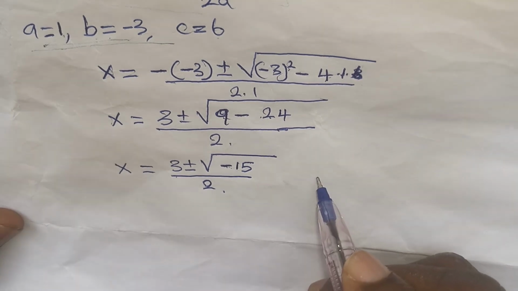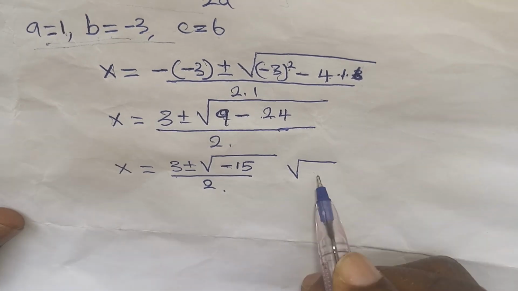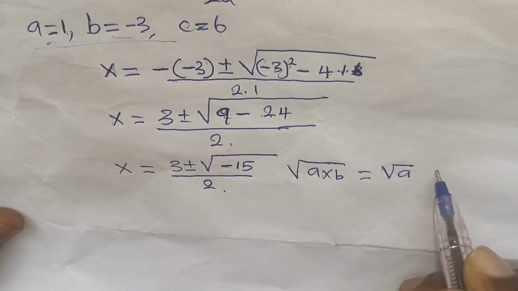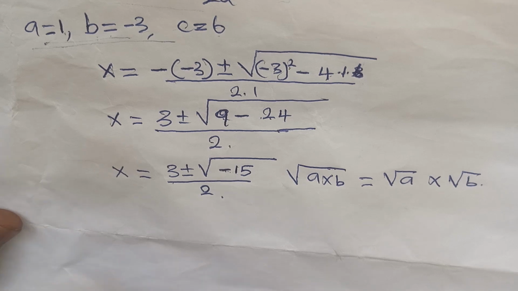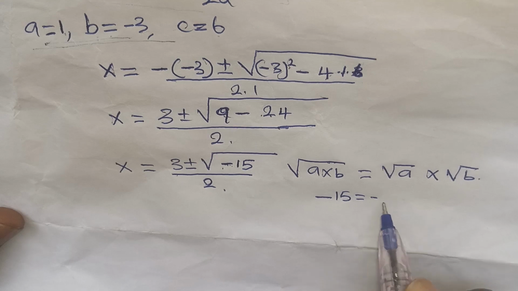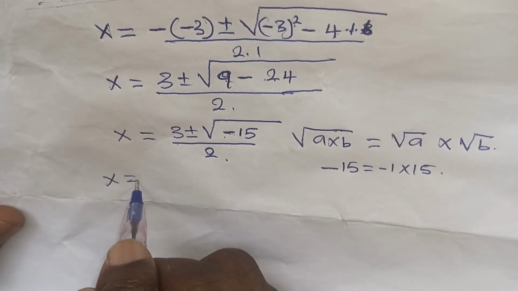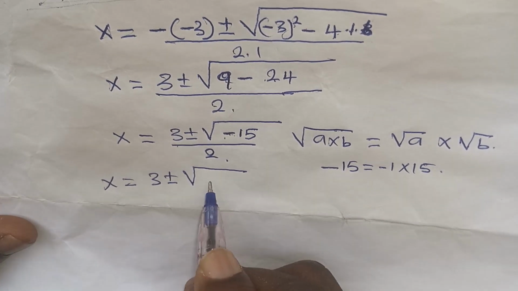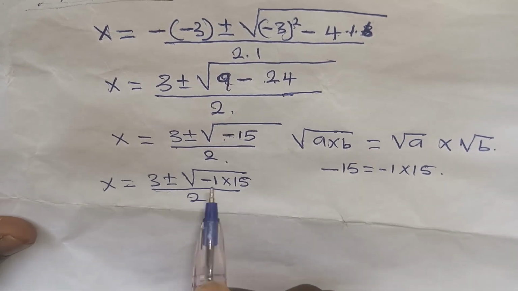Before we do that, we are going to apply a simple surd rule, which says the square root of a times b is equal to the square root of a times the square root of b. If we put this principle here, we can say our negative 15 is equal to negative 1 times 15. So we can write x equals 3 plus or minus the root of negative 1 times 15 over 2.